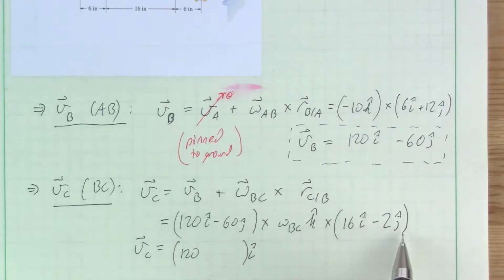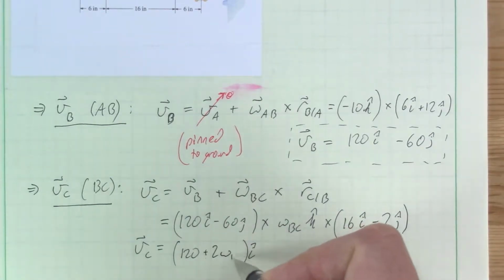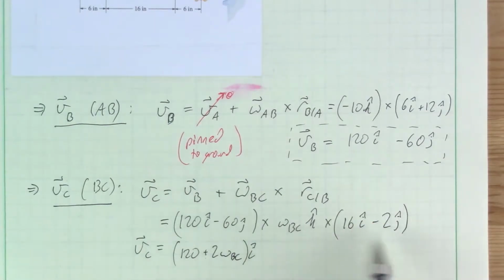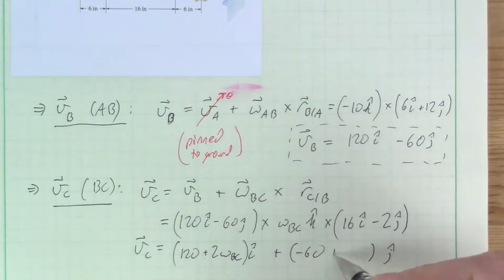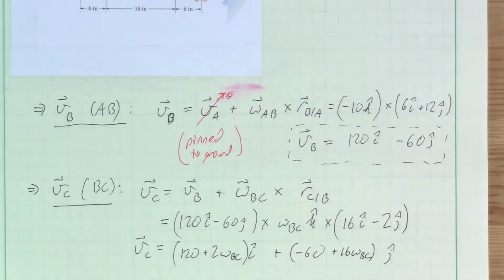So k cross j is negative i hat with another negative, so we'll get a plus 2 omega BC from that cross product. And then we'll have two terms in the j hat component. One is negative 60 from right there, and the other one is the k cross i. That's a positive j hat, so we'll have a positive 16 omega BC j hat.